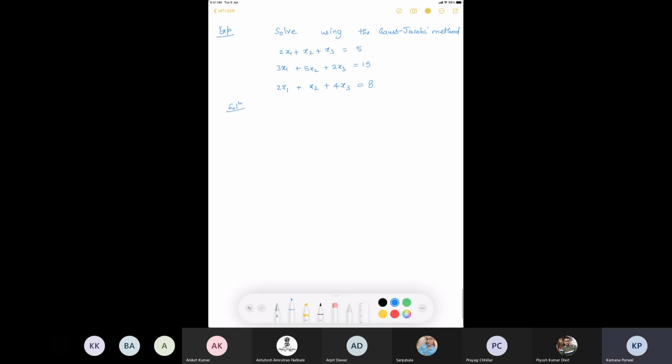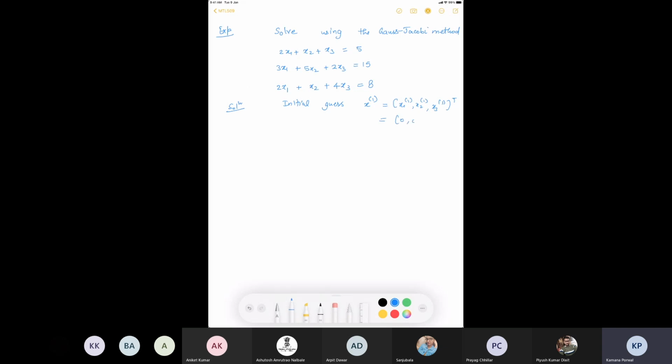And the initial guess, let's take the initial guess to be, I think we used x1 for the initial guess there, so let's write down x1, with these 3 components.